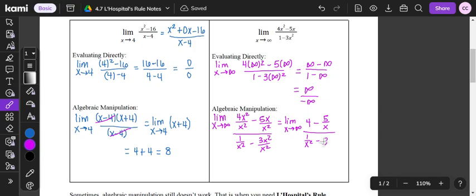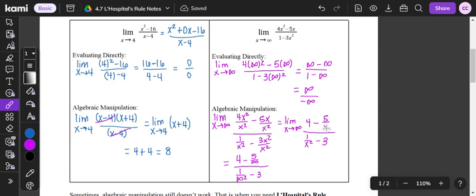This is going to be just minus 3. Now look, my x's are no longer up next to the numbers. They're now in the denominator of fractions. That's good because I'm going to replace those with infinity, and that's what I wanted. So I'm going to go ahead and do that. 4 minus, this is going to be 5 over infinity, divided by 1 over infinity squared, minus 3.